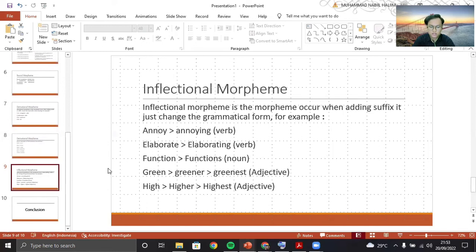The function itself is the singular form, and then becomes functions as the plural noun. Green, to greener, to greenest is the adjective change of form. High, and then higher, and then highest is an adjective too.